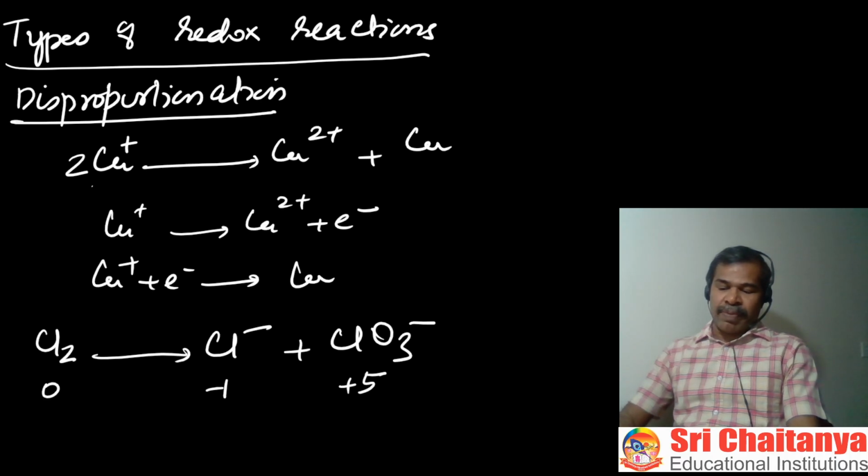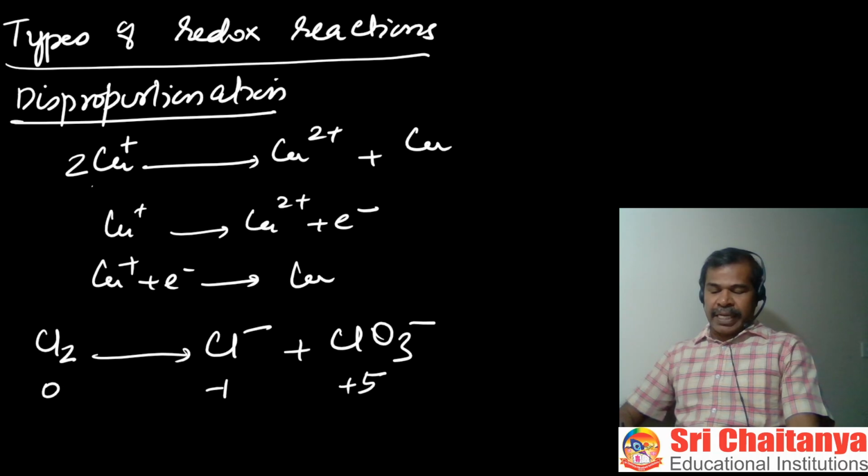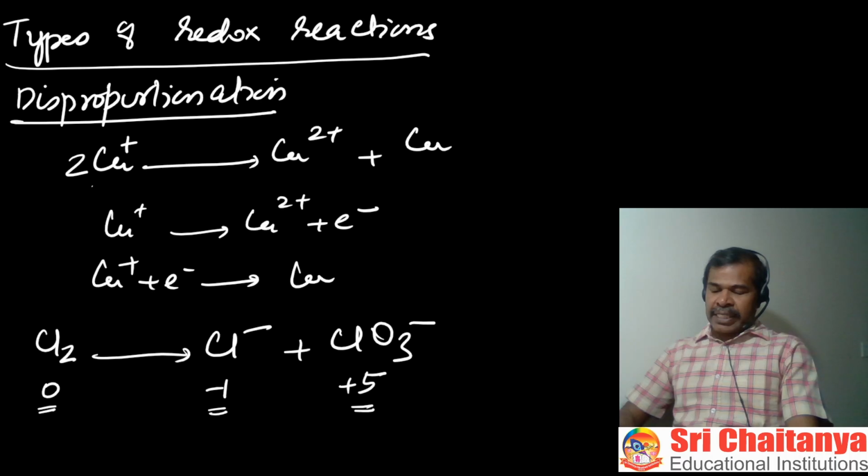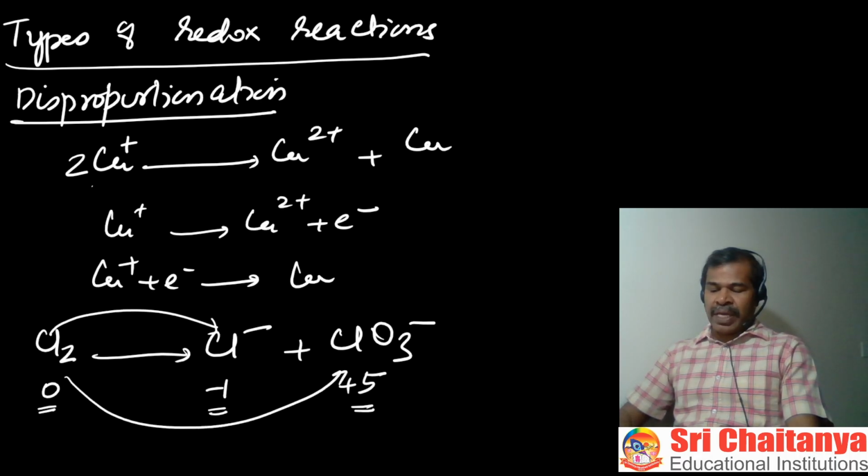So chlorine from 0 went to -1 as well as +5. So the same atom is undergoing reduction, this is reduction, and it is getting oxidized here. The same atom undergoing oxidation and reduction is a disproportionation reaction.